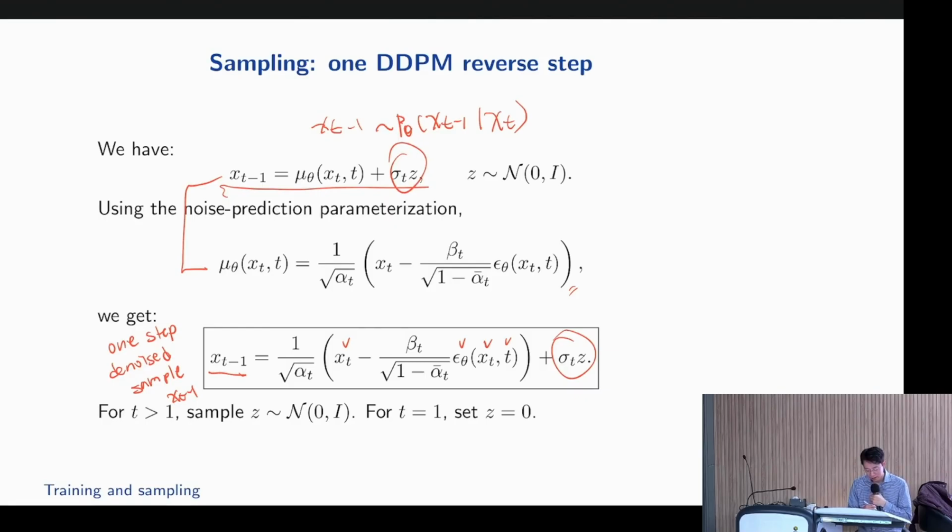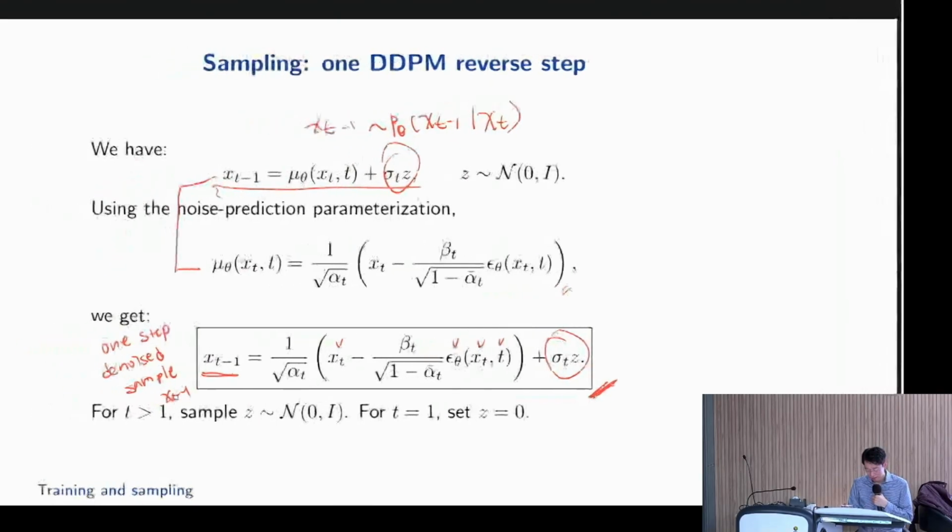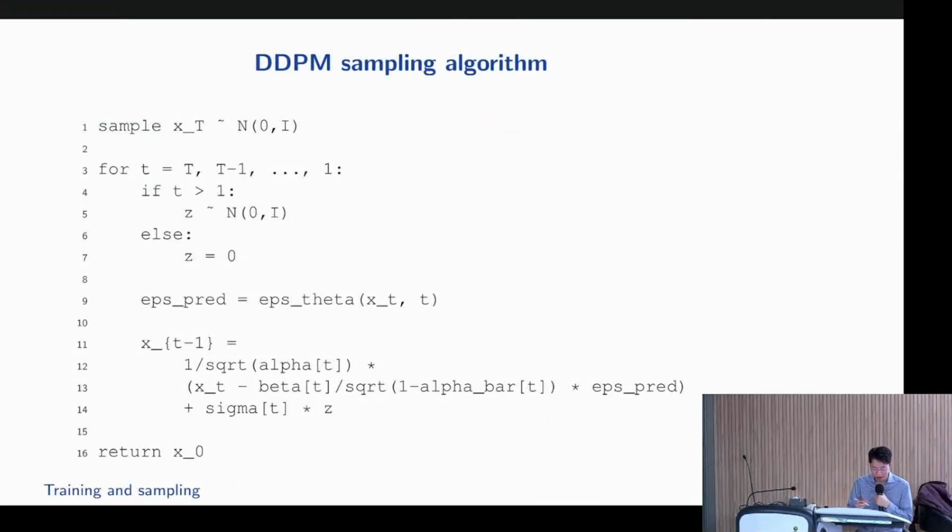So now it seems like we have an algorithm. We can start from an IID standard normal distribution, and given this formula, generate a one-step denoised sample. Given that sample, we can repeat this process for, say, 2,000 iterations and generate a clean image. So we already have an algorithm.